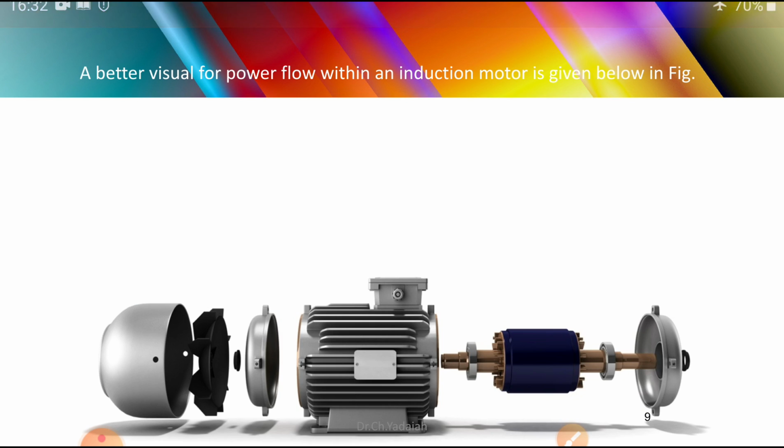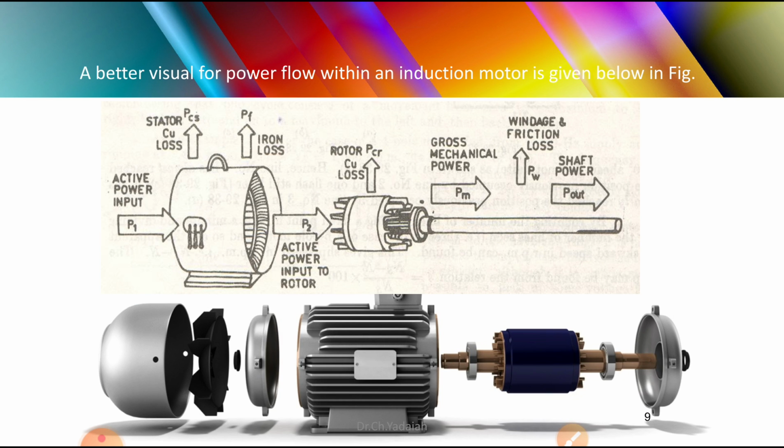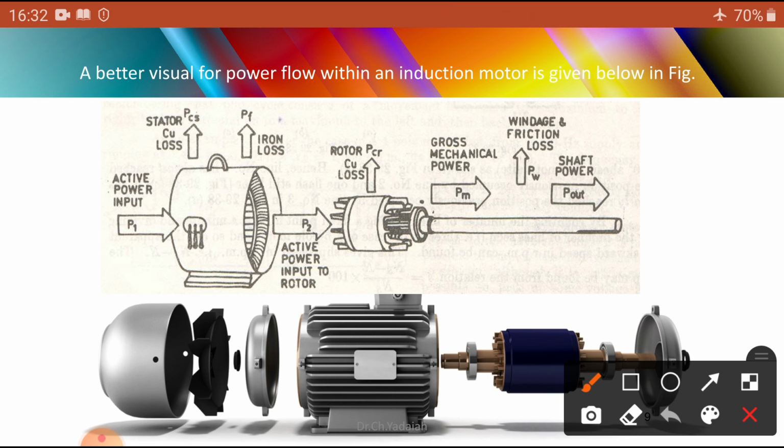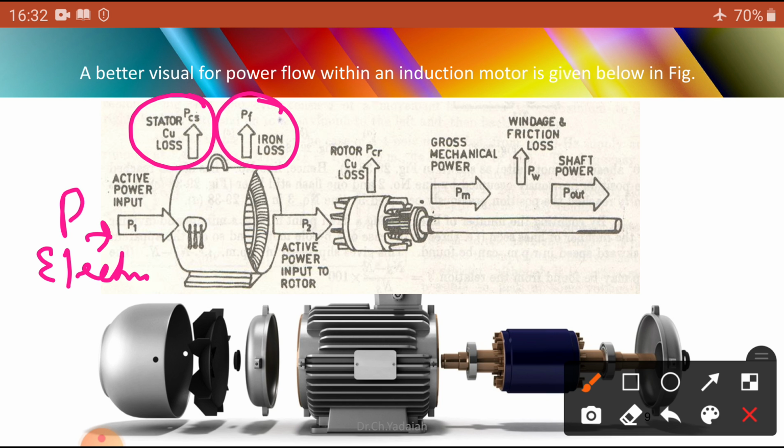Once again, what has happened? P1 power is given in electrical form. Electrical form P1 is given here. Then come the stator copper losses and, at the same time, iron losses, so these losses are subtracted.